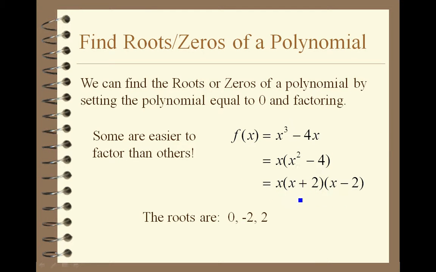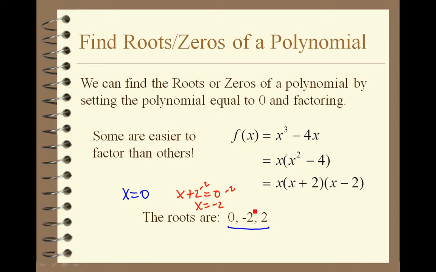Now, if we set each one of these factors to 0, we would get the roots. We set x equals 0, we get the 0 here. Then if we set x plus 2 equals 0 and solve for x, we get x equals -2.